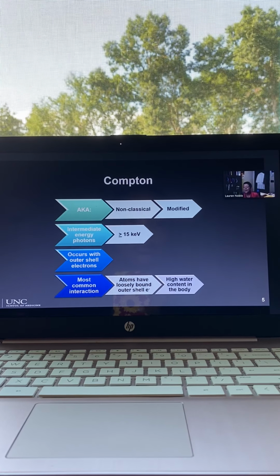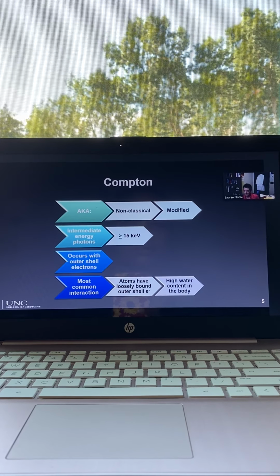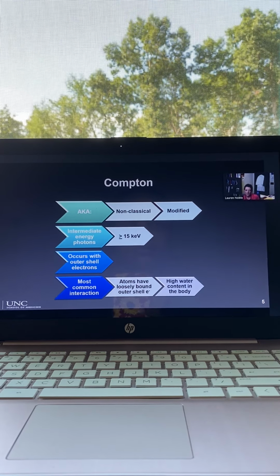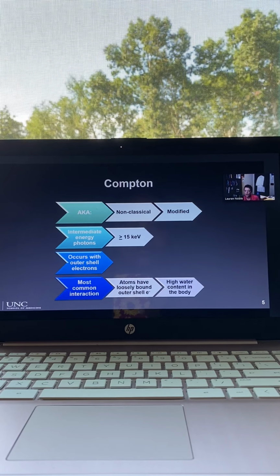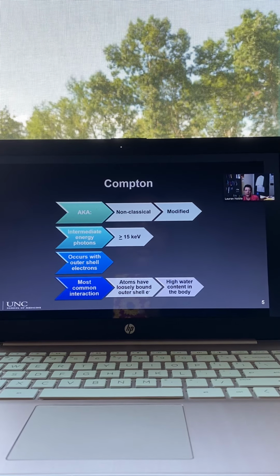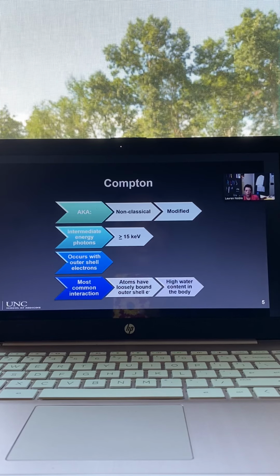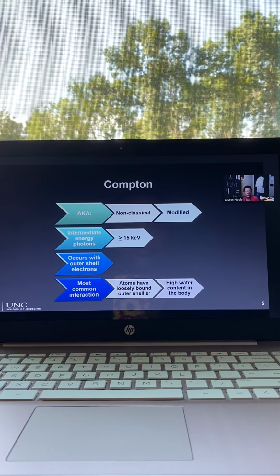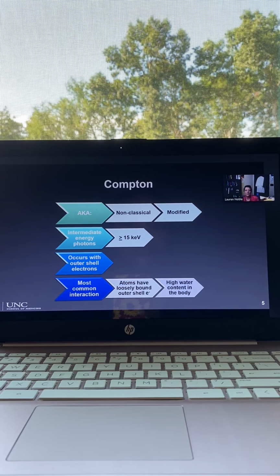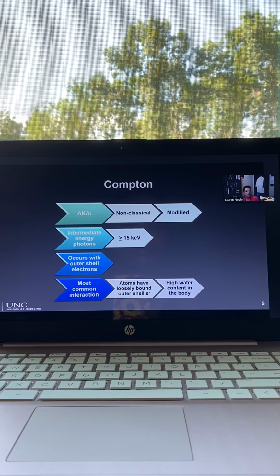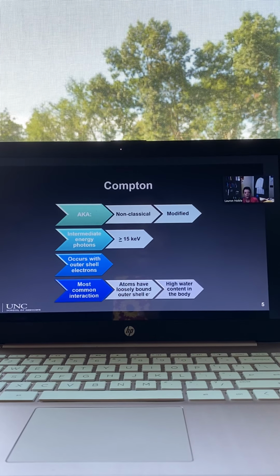So I don't want you to get confused by that, okay? With Compton, it occurs with intermediate energy photons, meaning that at 15 keV or greater, there is a chance that an electron could be knocked out of orbit. And if it's knocked out of orbit, it's a Compton interaction.